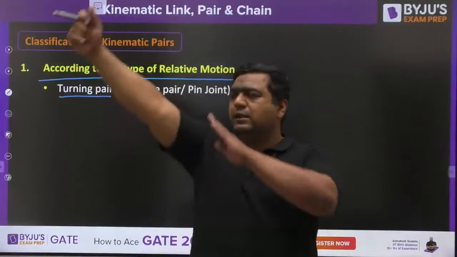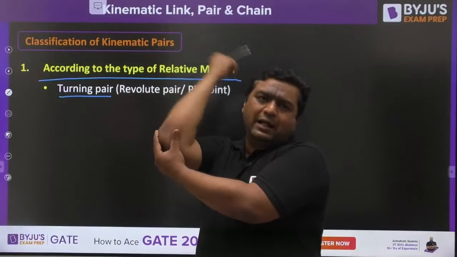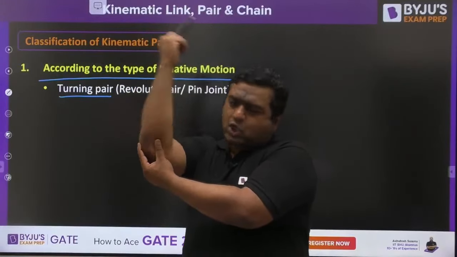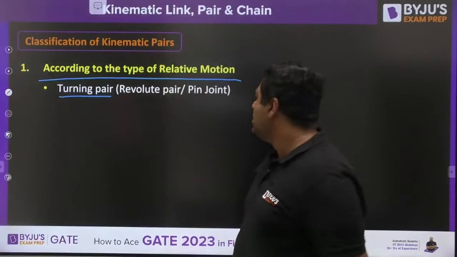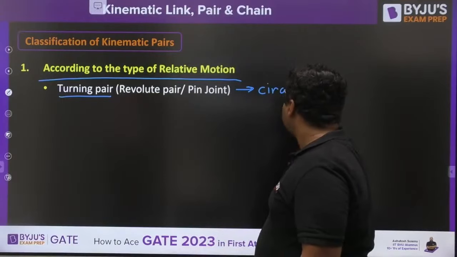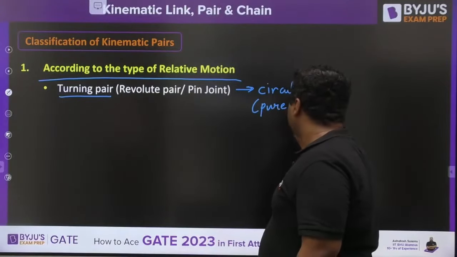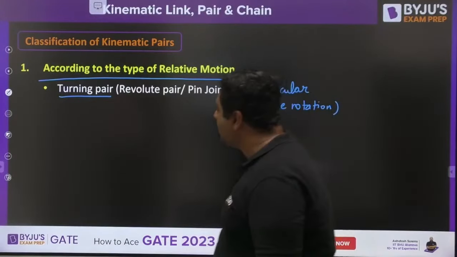This link and this link about this point are having this kind of relative motion. If you see this relative motion, this is a kind of circular motion. So if relative motion is circular, or you can say pure rotation, then my dear, this kind of pair is said to be the turning pair.